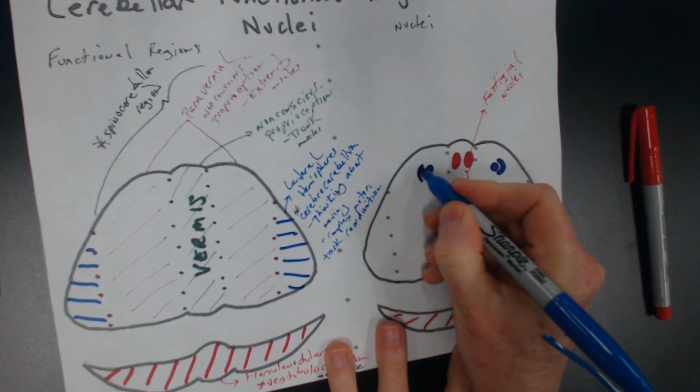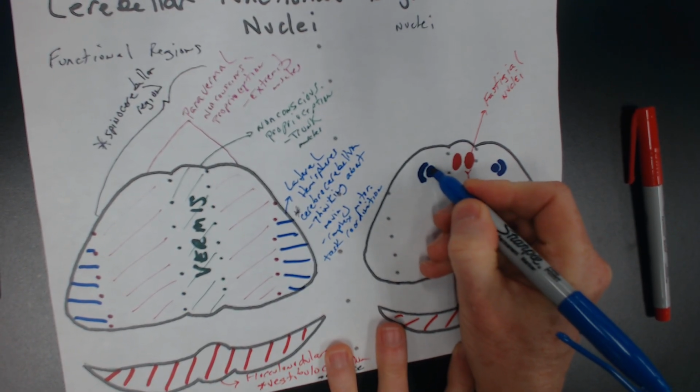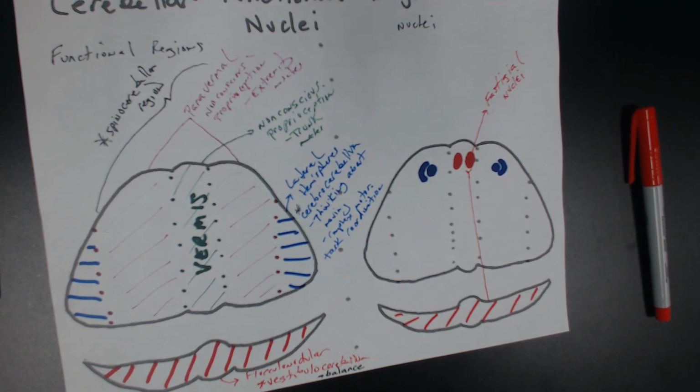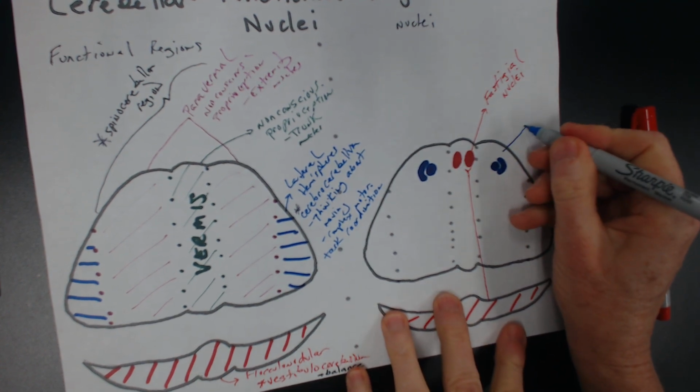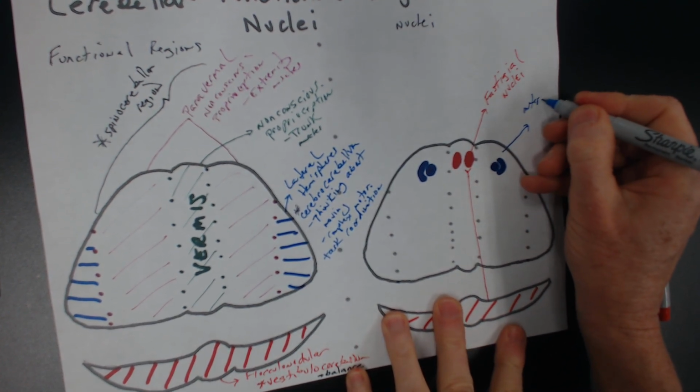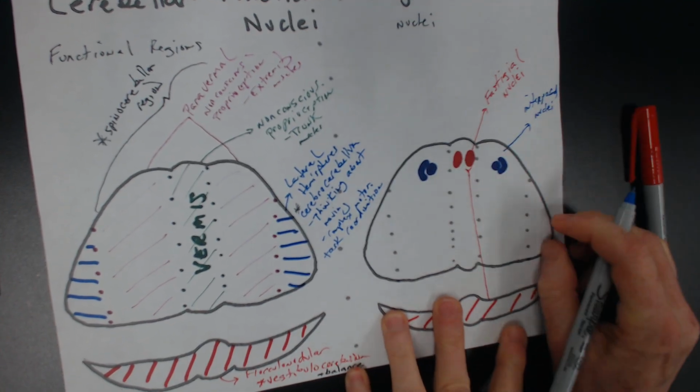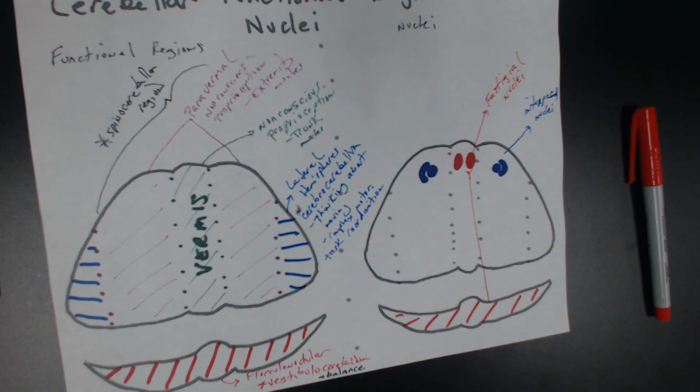These nuclei, present on both sides, are responsible for handling incoming information into the paravermal region, and as a pair we're going to call them interposed nuclei. Those are your interposed nuclei, and they are responsible for handling information coming into the paravermal region, which is your non-conscious information coming from extremities.